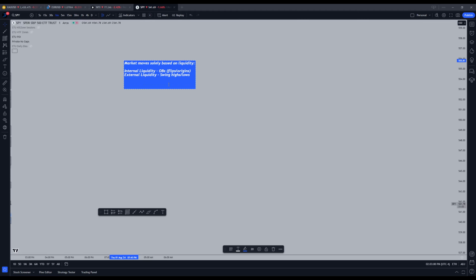The market is moved off an algorithm, and the job of the algorithm is to deliver, manipulate, and fill in everyone's order. And there's going to be people with orders resting below swing points as well, or under inducement, for example. Let's say we draw an example here.